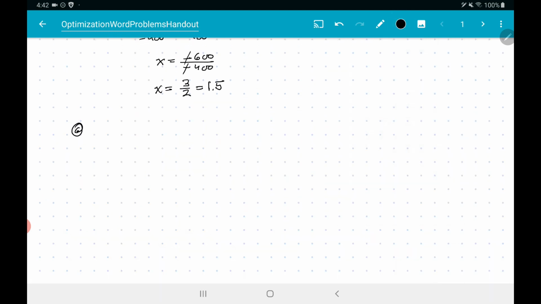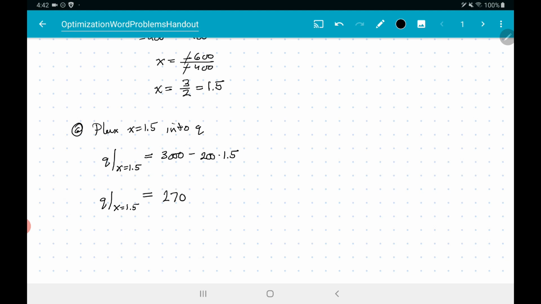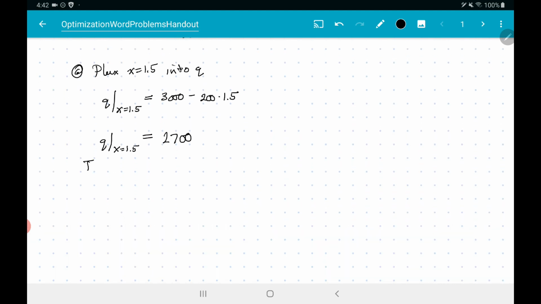For part A, plug x equals 1.5 into Q. So Q, where x equals 1.5, is, well, we'll do 3,000 minus 200 times 1.5. And after some arithmetic, that evaluates to 2,700. So they should sell 2,700 to maximize profit.